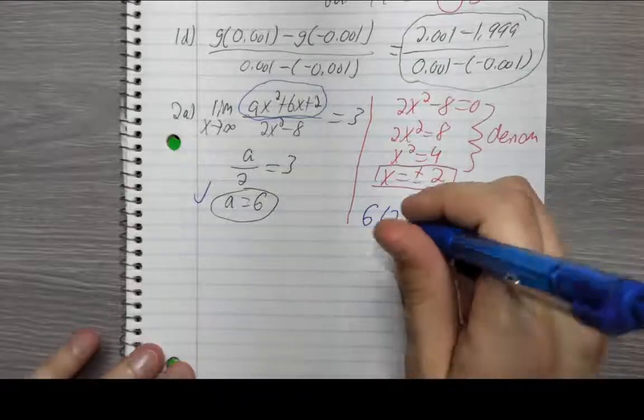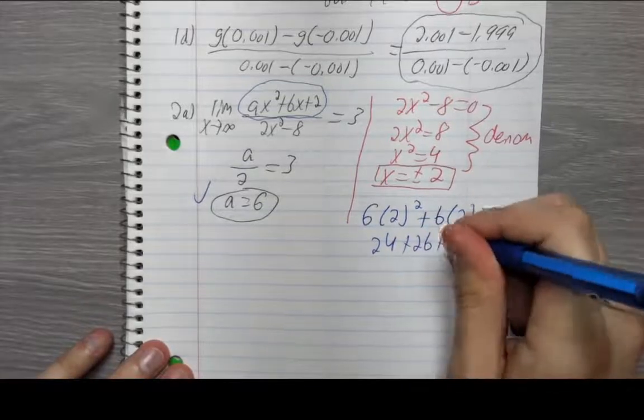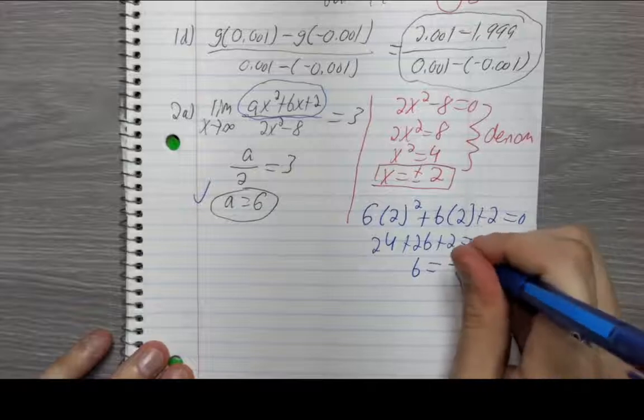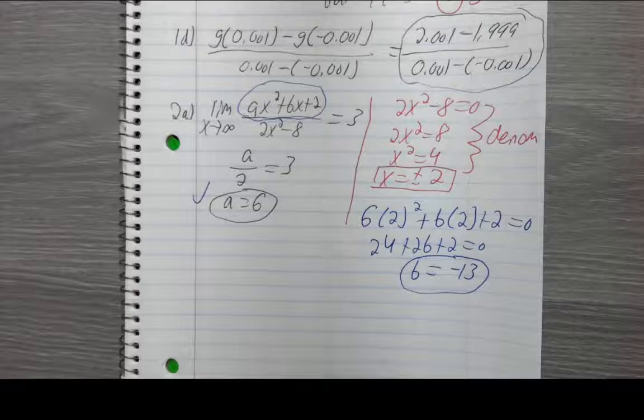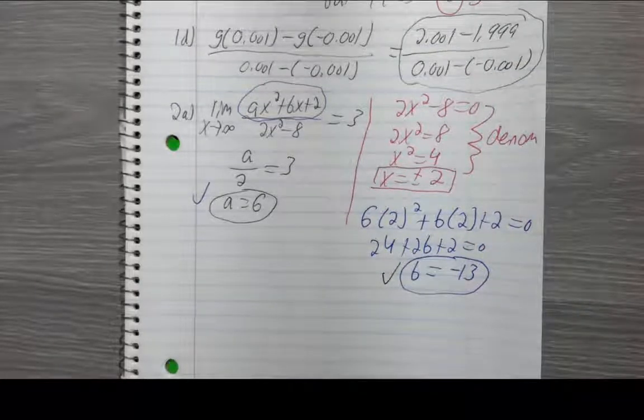Doing some math, I get 24 plus 2b plus 2 equals 0, and I get b equals negative 13. So there we go, another check mark. That's my proof that a and b are 6 and negative 13.